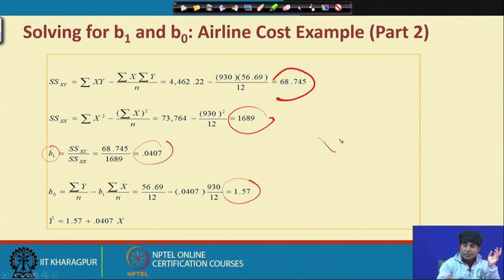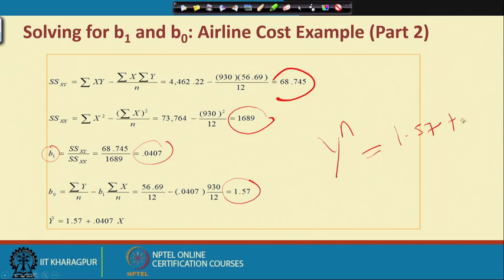As a result, your estimated equation will be y cap equals 1.57 plus 0.0407 x. This is the estimated equation, and this is what B0 and B1 are. Earlier our functional form was B0 plus B1 x.